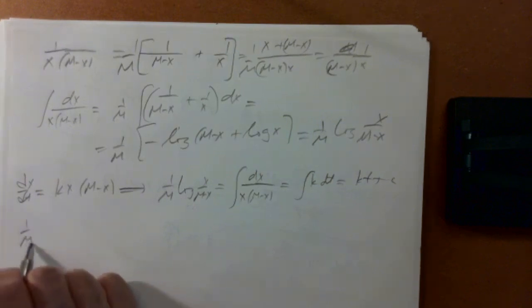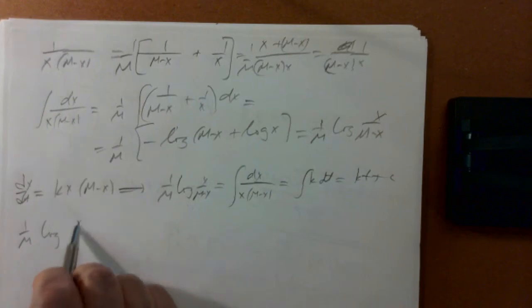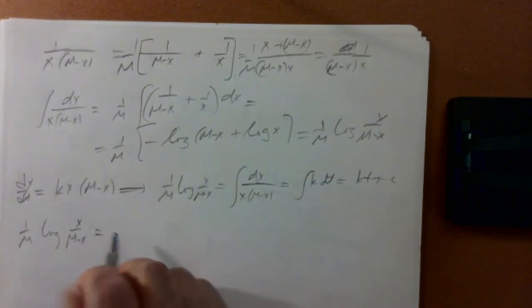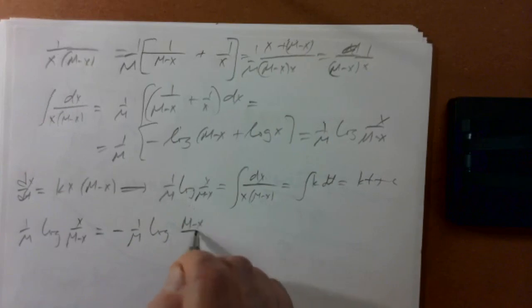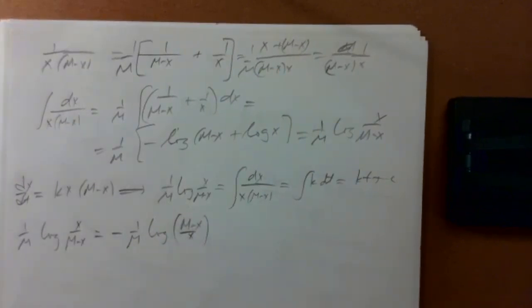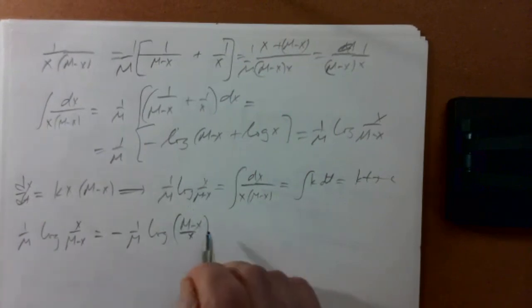So 1 over m times the log of x over m minus x is minus 1 over m times the log of m minus x over x. This minus 1 is just the reciprocal.